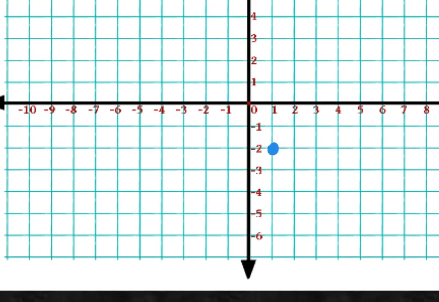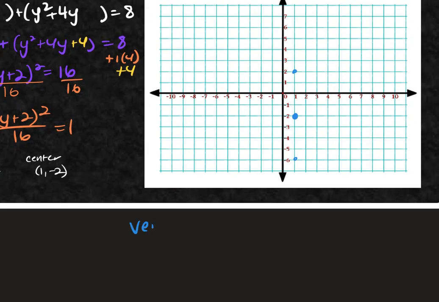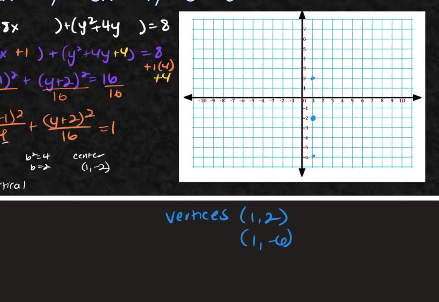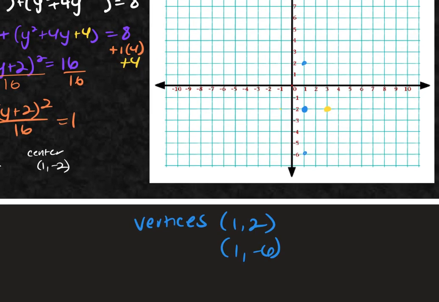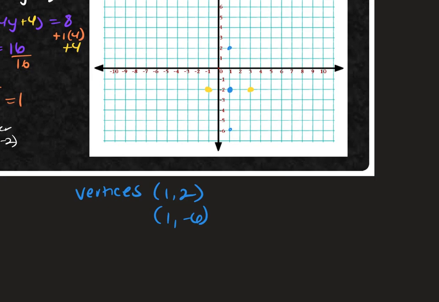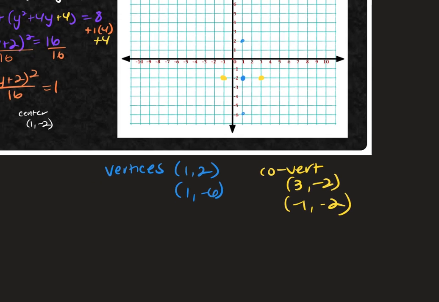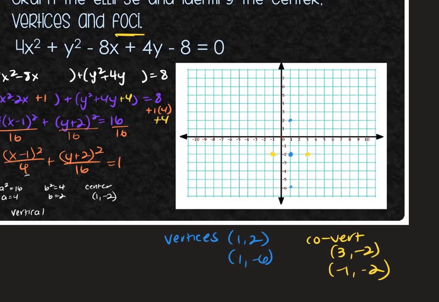Up and down, 4. So my vertices are at 1, 2, and 1, -6. Right and left, 2. So my co-vertices are 3, -2 and -1, -2. And then it asks for foci, so I have to find c.